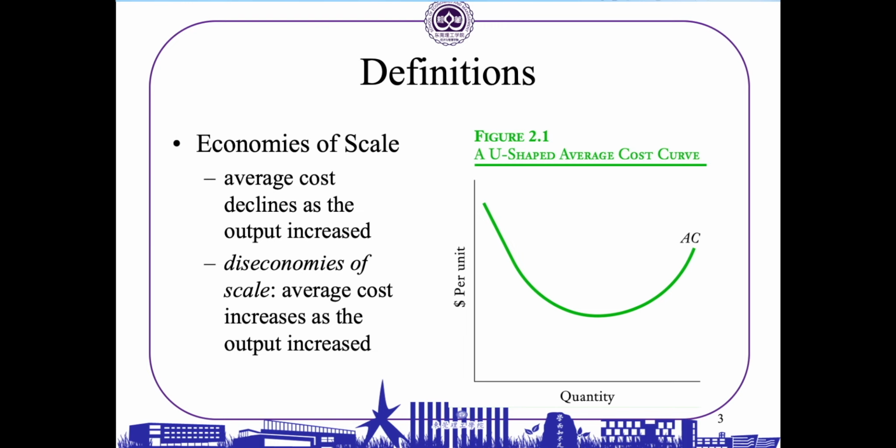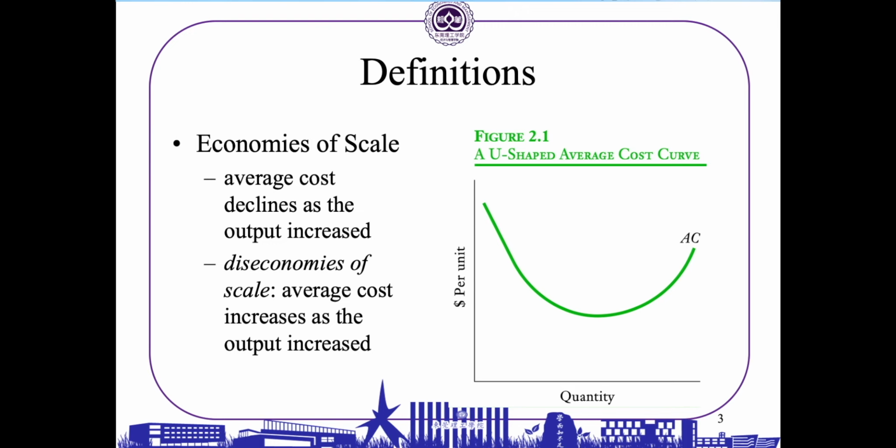We have reviewed economies of scale in our economics primer. It is defined as when average cost declines over a given range of output. In Figure 2.1, a U-shaped average cost curve depicts that when the production volume is small, the process exhibits economies of scale, whereby as output increases, the average cost declines.